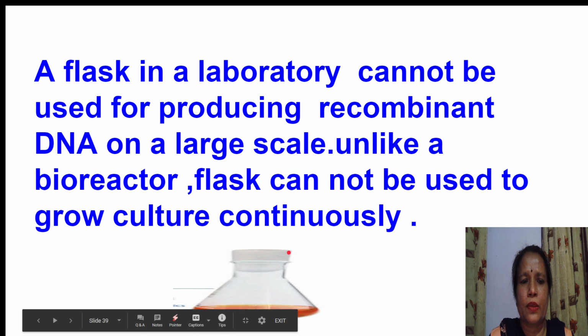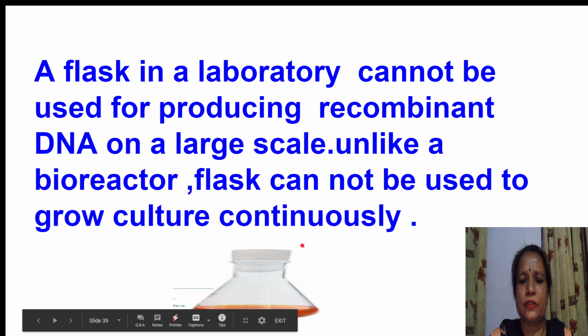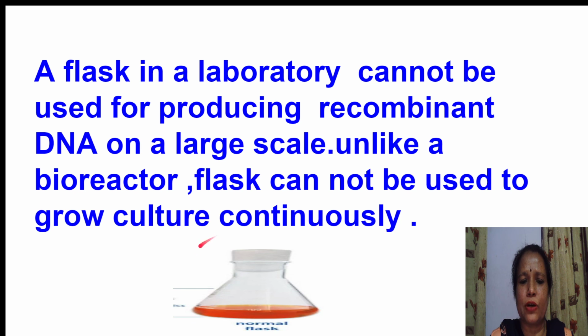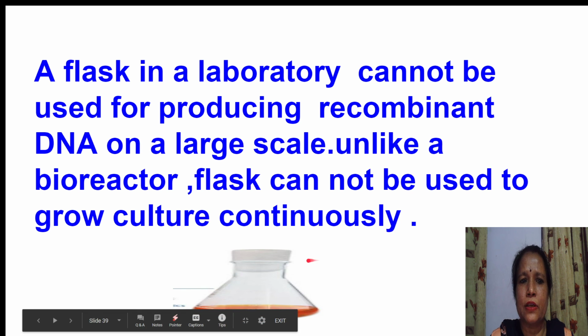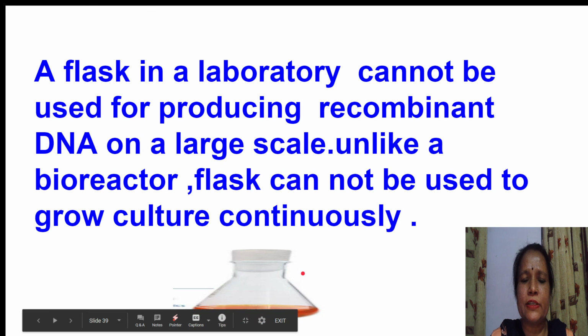Here, in case of a flask, when we use it for culturing the host and producing the products, flask in a laboratory, it cannot be used for producing recombinant DNA on a large scale because it will utilize a batch culture. Small amount of nutrients will be added and the products will be in a small amount. So it will not give the results like a bioreactor.